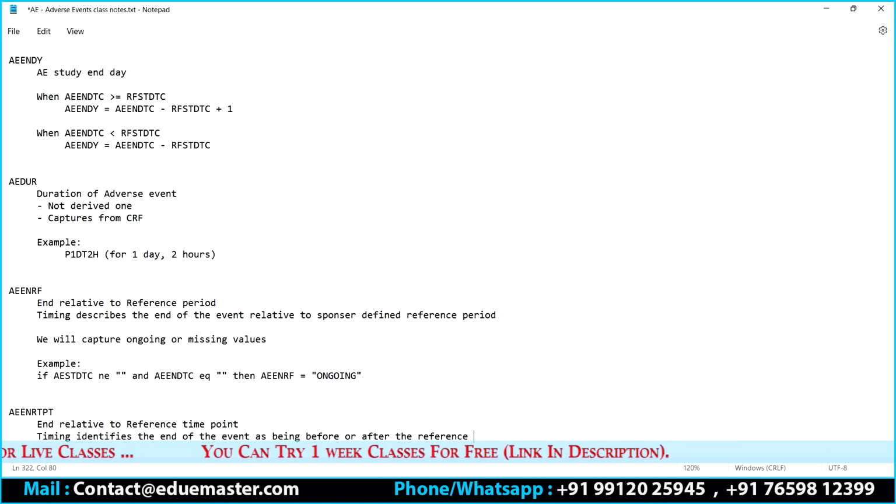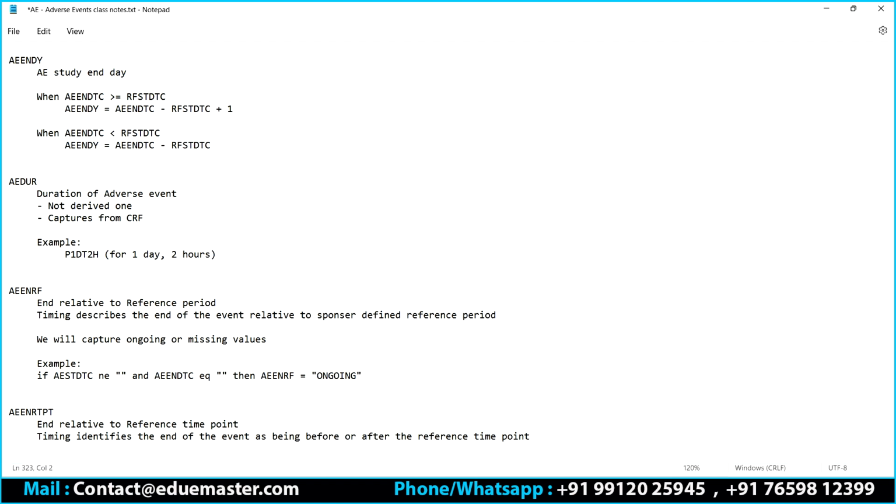We have some reference time point, we have some reference period. It can be either before the reference period or after the reference time point, right? So on what basis is this defined?